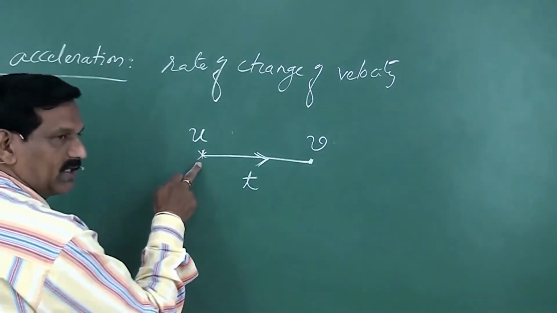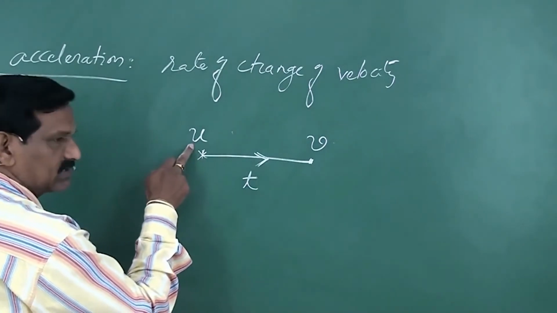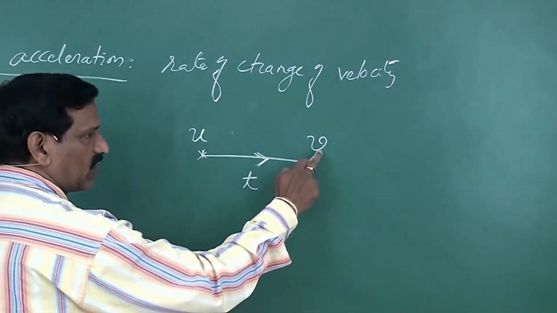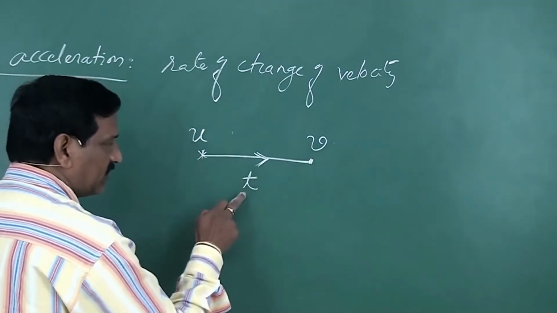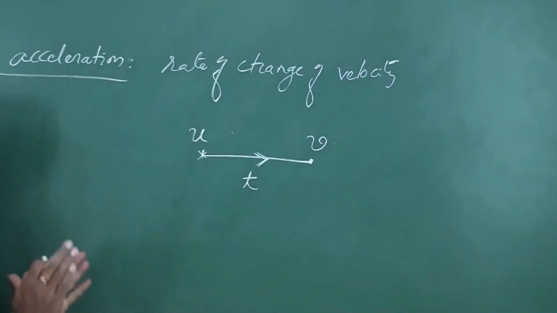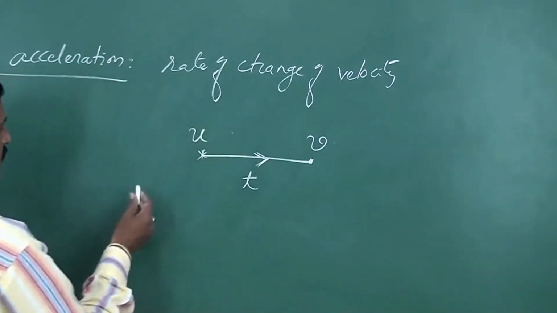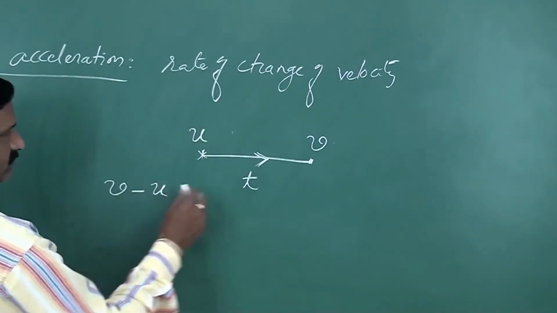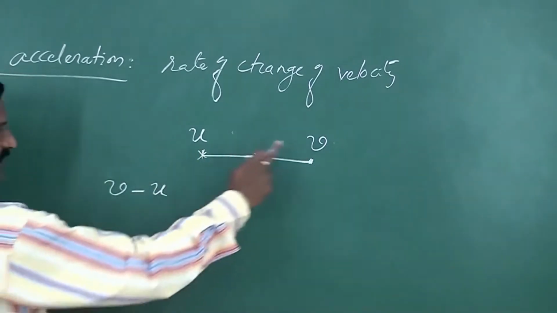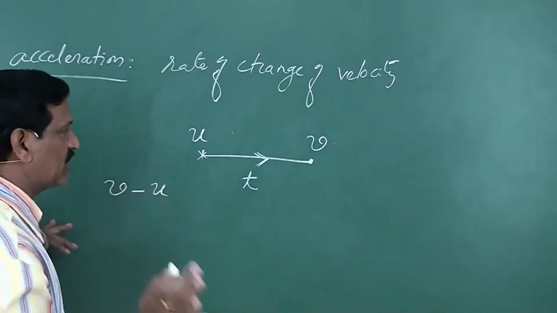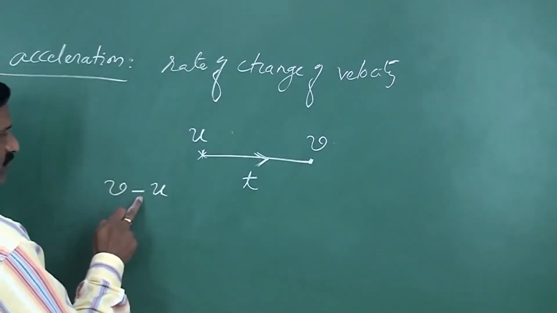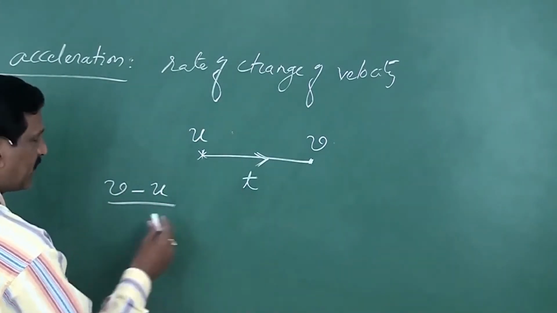Then what is the change in velocity here? v minus u. Final velocity minus initial velocity is the change in velocity, v minus u, and the time taken is t.